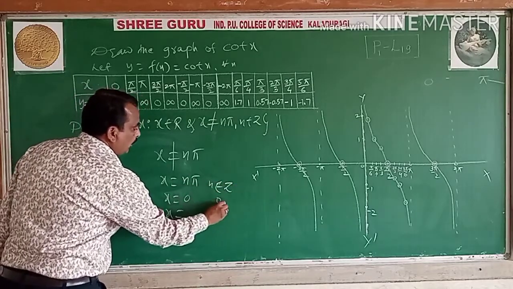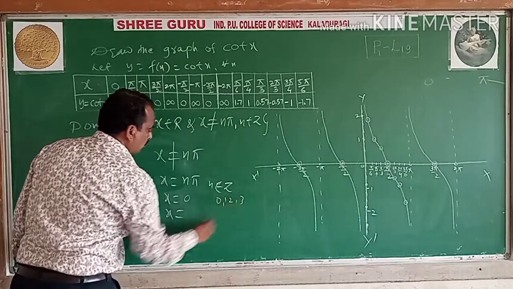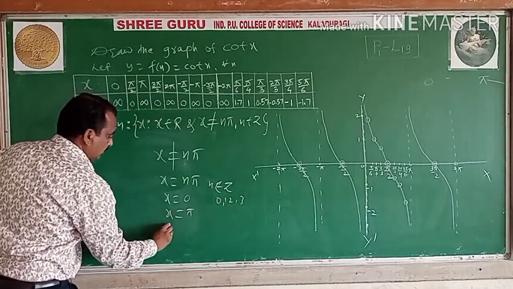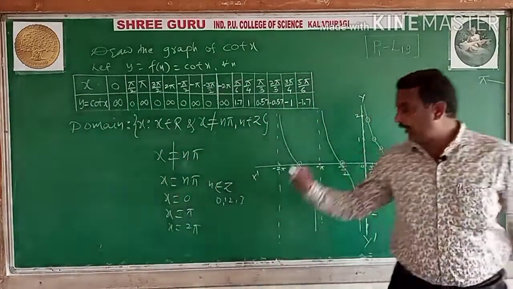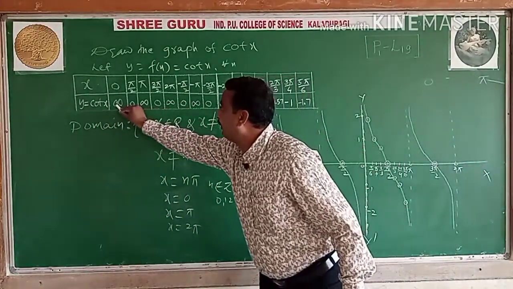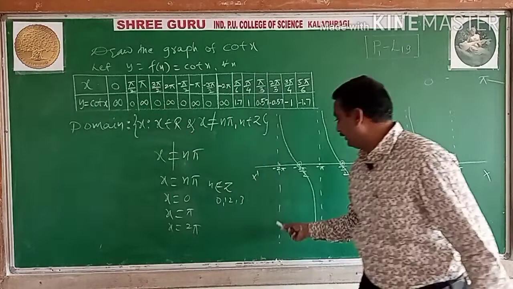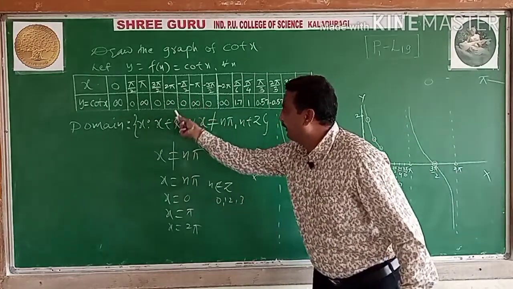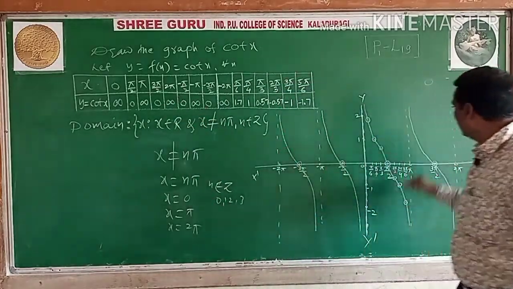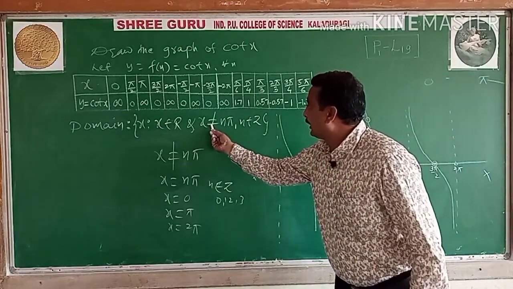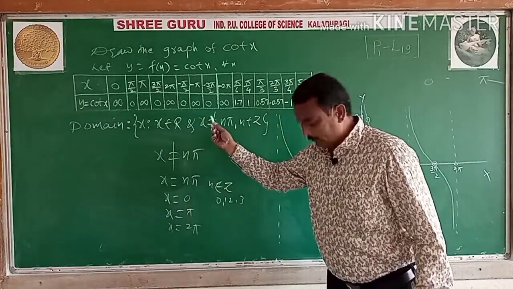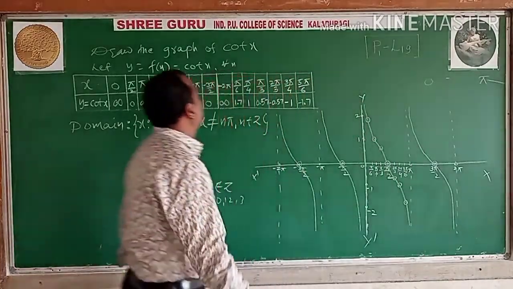You give 0, 1, 2, 3, like that: 1 pi, then 2 pi, 3 pi. When 0, what is the value? Infinity. When pi, it is infinity. When 2 pi, it is infinity. Minus also you can take. So these are the infinity lines. Therefore you neglect these values, this is the domain of the graph y is equal to cot x.